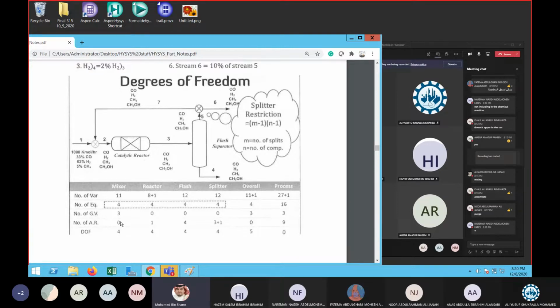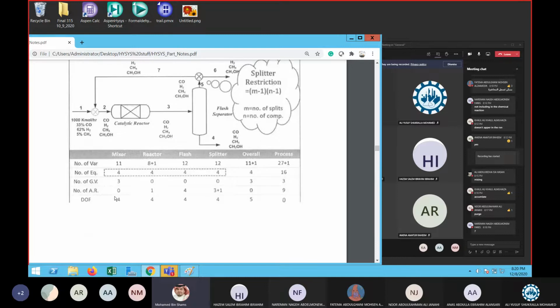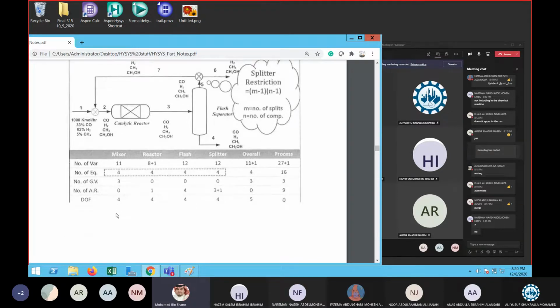So we have 3 given independent pieces of information, either 2 of them and the basis, or the 3 of them. Any available relation between the streams entering the mixer? Nothing given here. So we have 0, so we have 4 degrees of freedom.